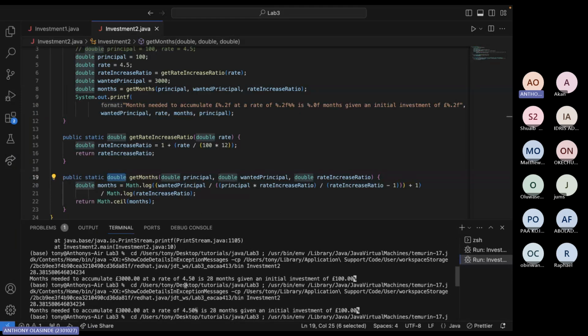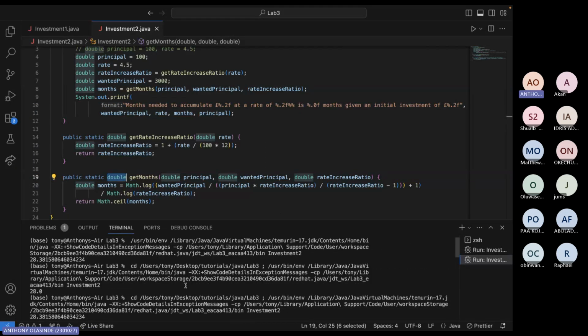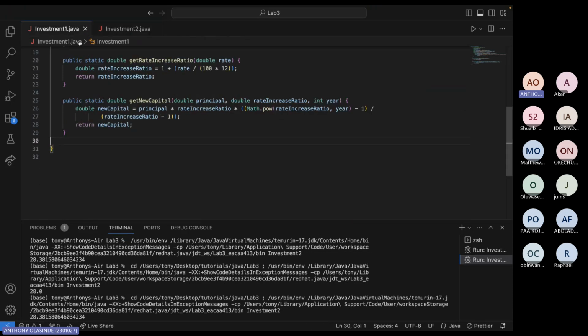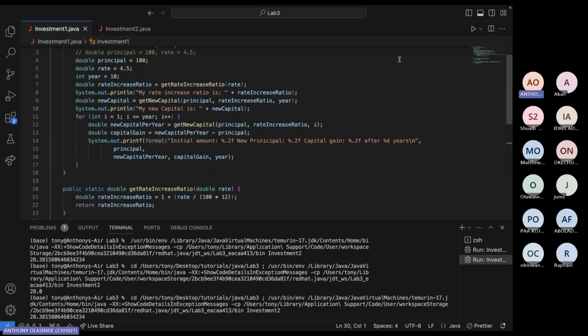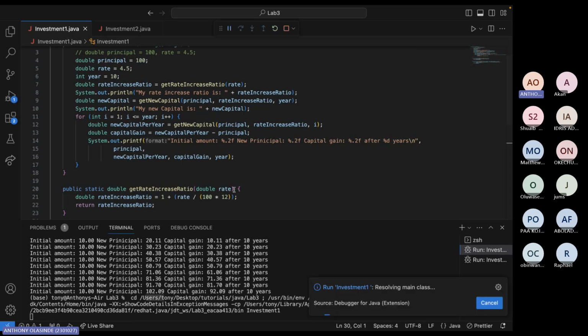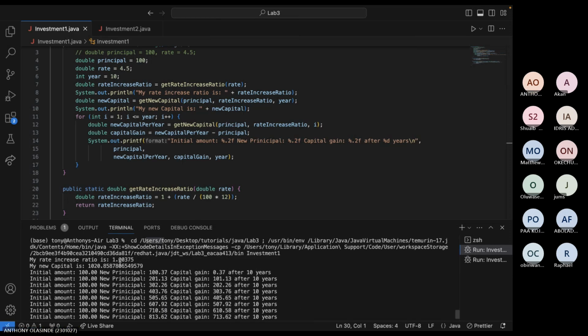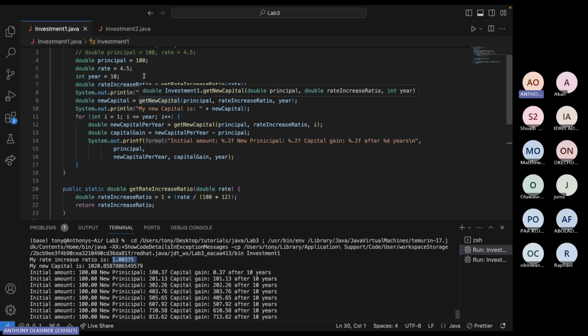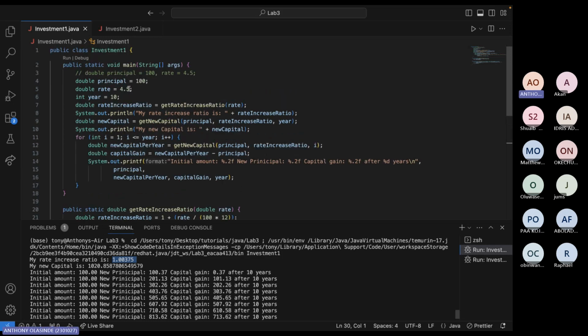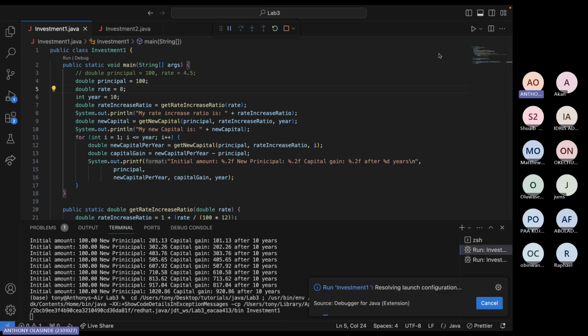Is 1 point something. Let me see, do I still have it? No, I don't. I'll just run this again. My ratio, yeah, it's not the same thing. Hold on. Oh, this is 8. So let's try 8, if we just want to be sure of the formula we're using.